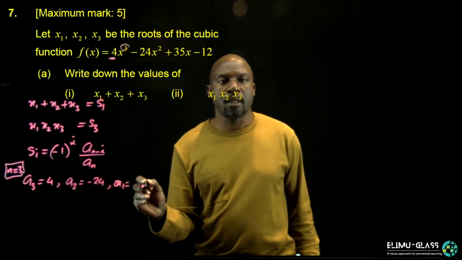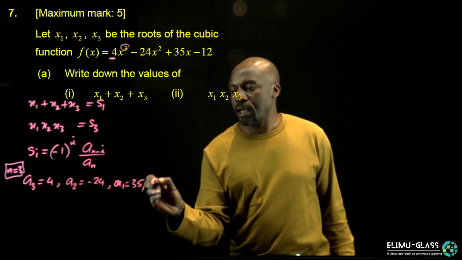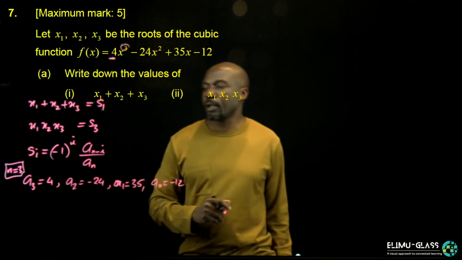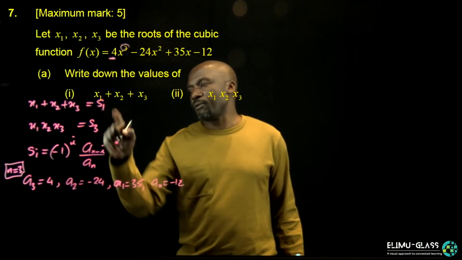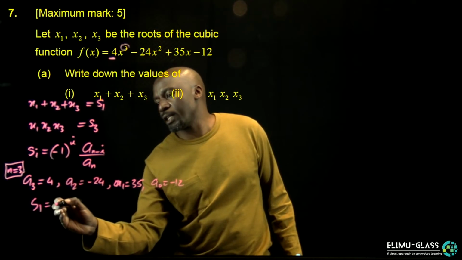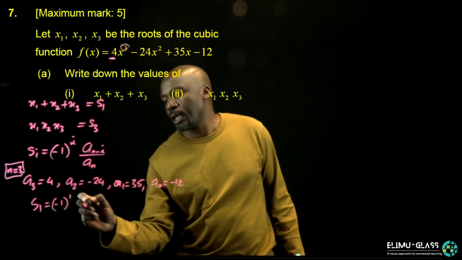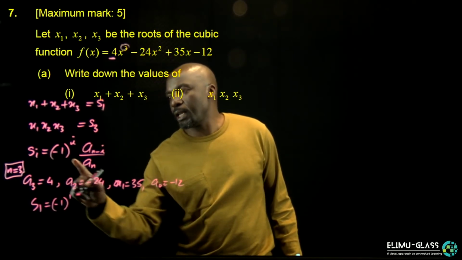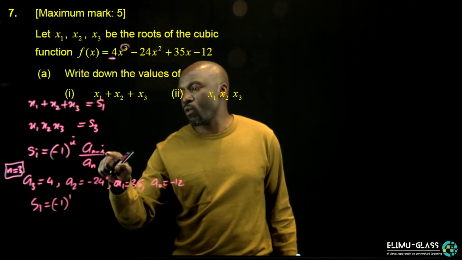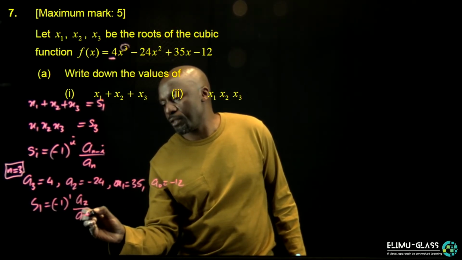A1 is positive 35, and A0, the constant, is negative 12. Working with this, we can find S1, meaning i is 1: negative 1 to the power 1 times the sum of the singles, A3 minus i, so 3 minus 1 is A2 divided by A3.